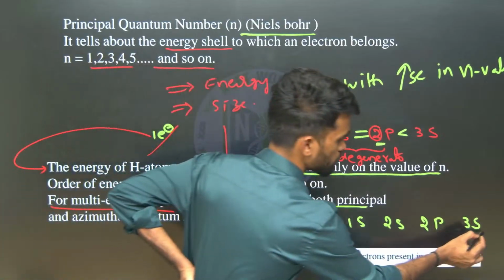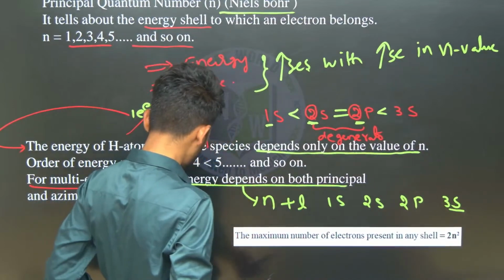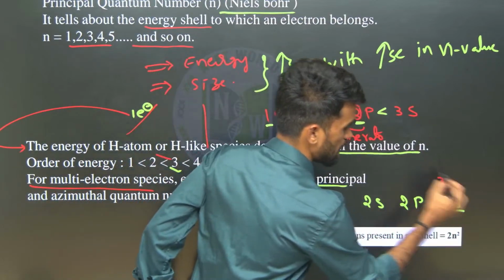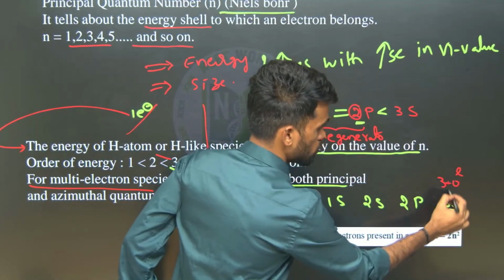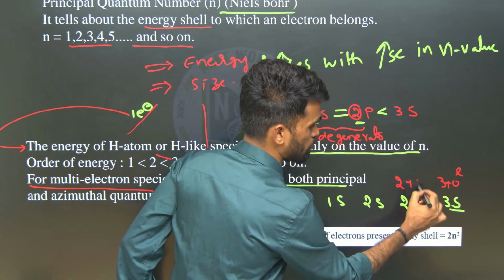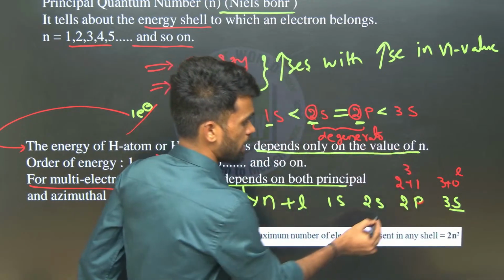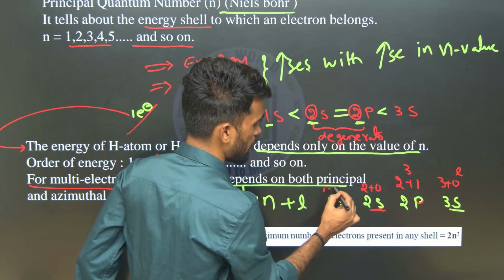See, here we have 3s. So 3s means its n value is 3 only, and its L value will be 0. I will tell you about that L value later. Here for 2p, n value is 2, and for p L will be 1. So here also it is 3, and here for 2s it is 2 and L value is 0. Here it is 1 and L value is 0.